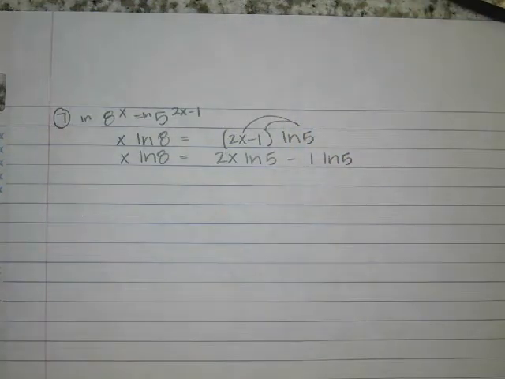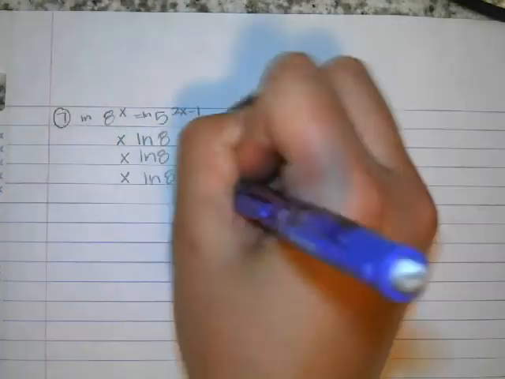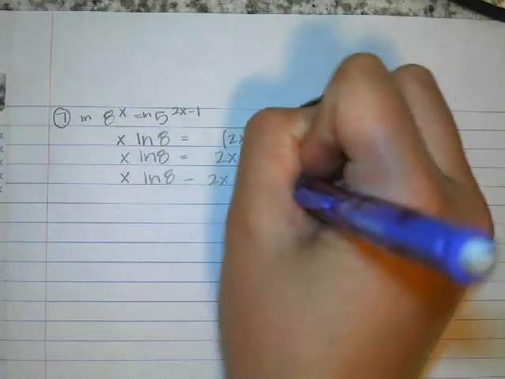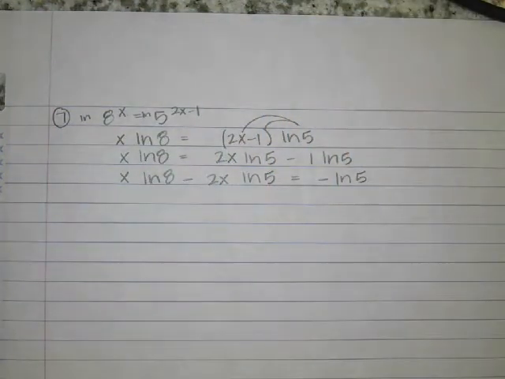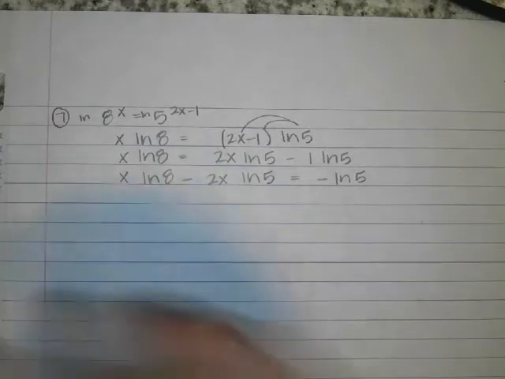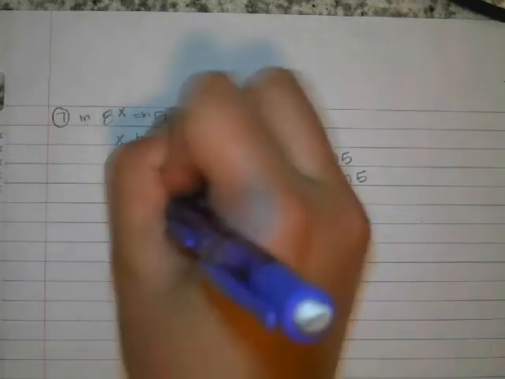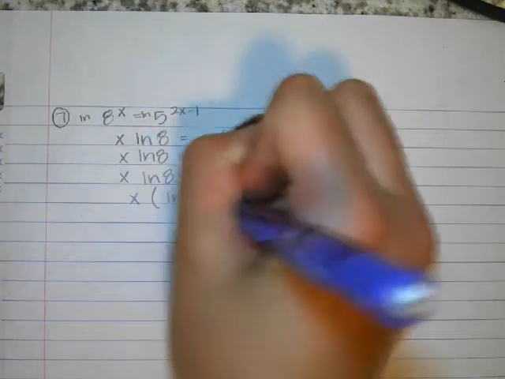And now I want to have the x's all on one side. So I'm going to say x ln 8 minus 2x ln 5 equals negative ln 5. And then to get the x's isolated, I'm going to take them out like a GCF. Only the x, because that's what I want to isolate.